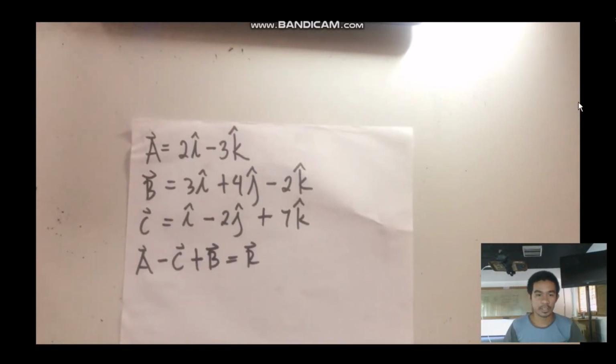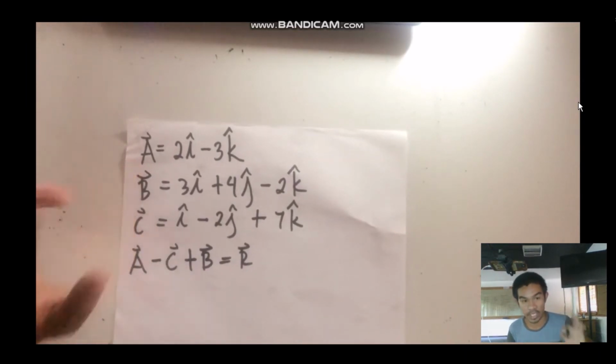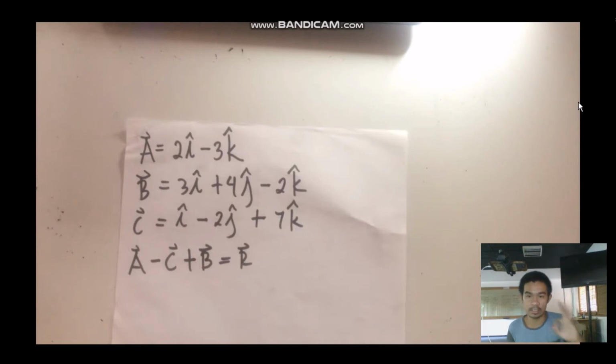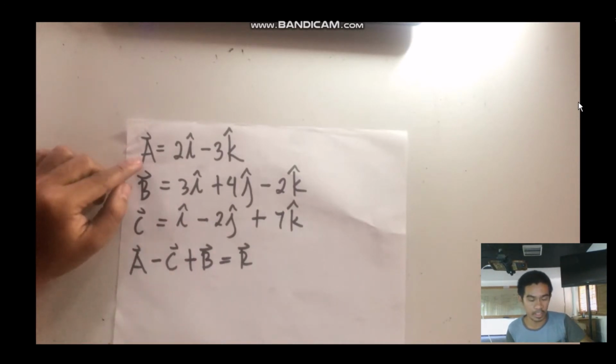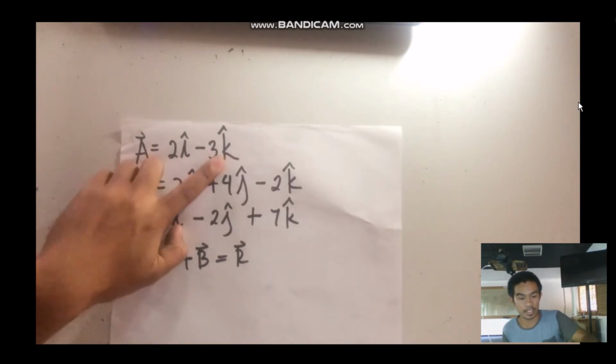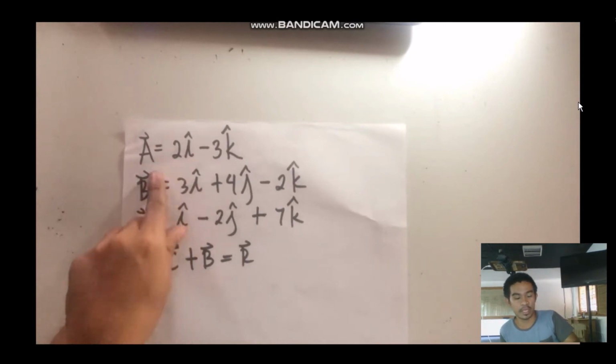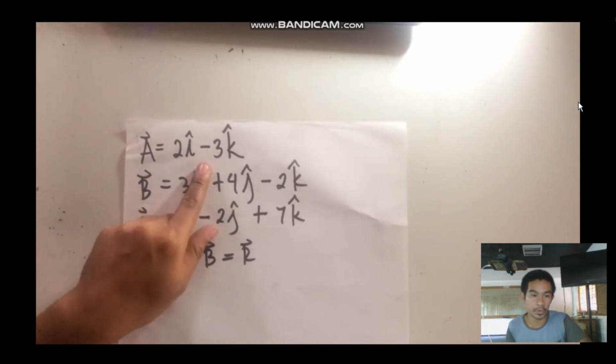So let us have another example. This time we'll deal with the sum of more than two vectors. So these are the three given vectors. Vector A is 2i hat minus 3k hat. Vector A has no y component.